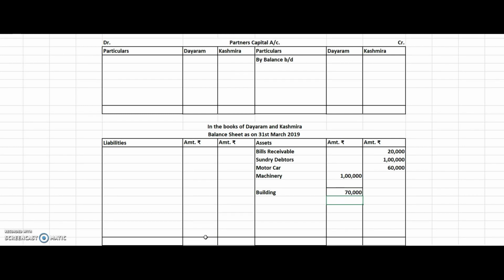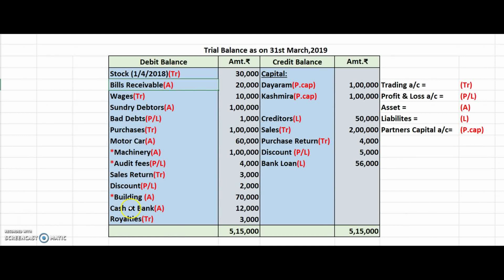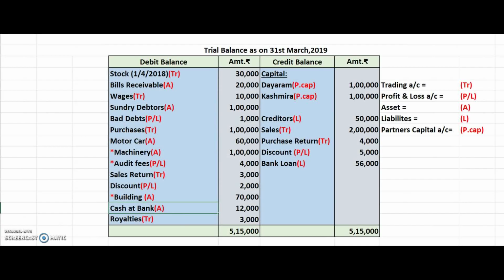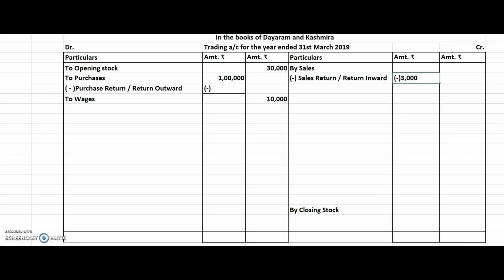Inner column, leave a line, draw a line. Cash at bank, that will be an asset. It will therefore go to the asset side, outer column. And royalties, 3000. It is a trading account item, therefore it should go to the trading account, outer column.